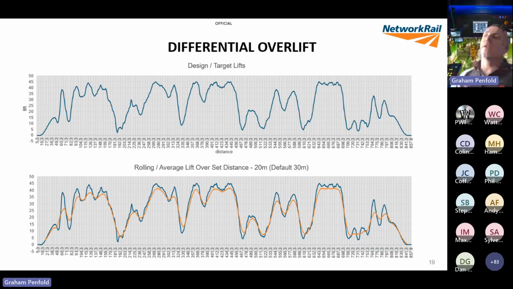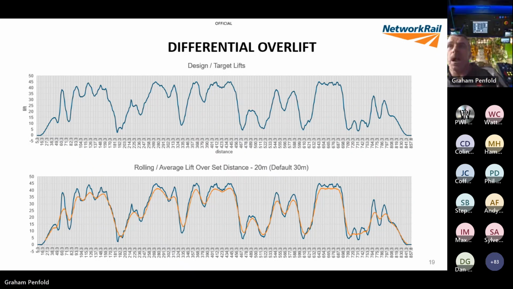So this is trying to explain it more in a graph. The top graph is your design lifts or your applied lifts. Like I said before, it could be from a geometry file, or you could do a measurement run, export it into Excel and plot it on a graph. Either way, these are your design or target lifts.